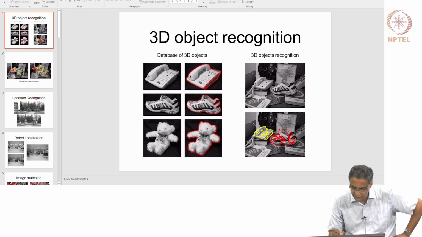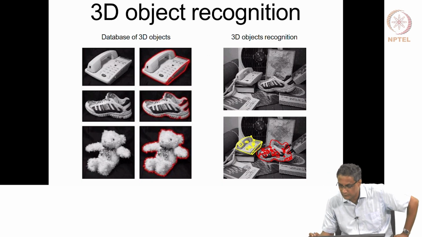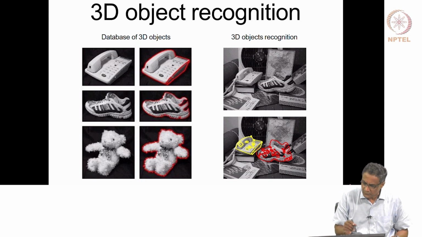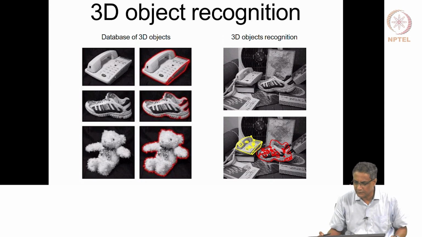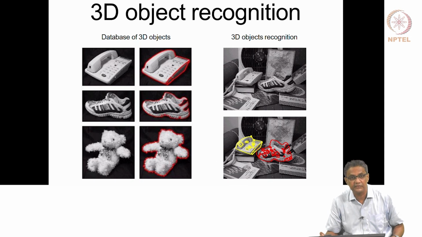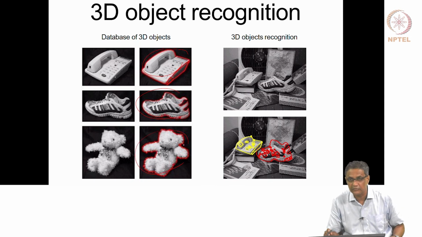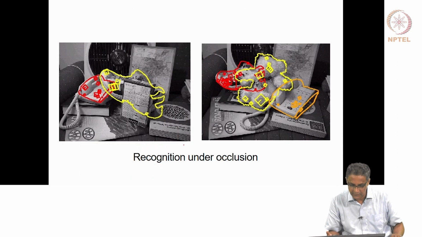Now, let me just show you a few examples to give you an idea about what this might look like. When you talk about object recognition, you could have a database of objects. For example, you could have a phone, a shoe, a soft toy, and then you can have different features coming out of that, store them, and match them.